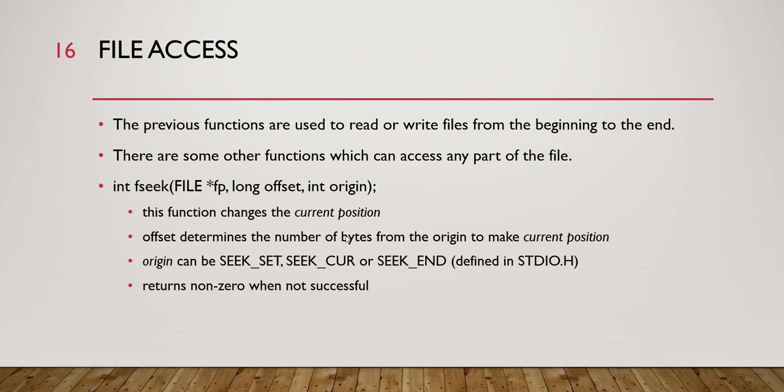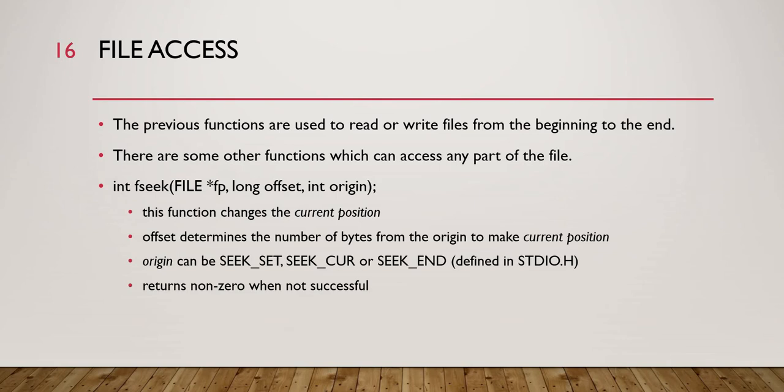So this fseek function has three input parameters. One is the file pointer itself, so this indicates in which file I am going to seek, and the next is the offset. Offset means the amount of data that you have to skip when you are starting from somewhere.